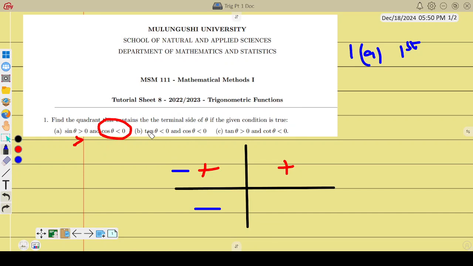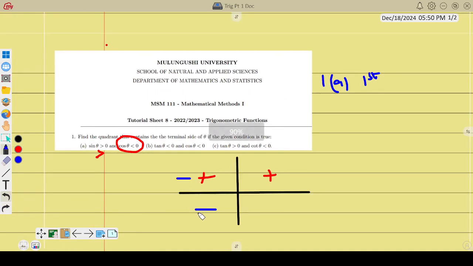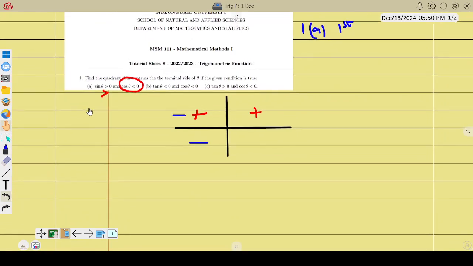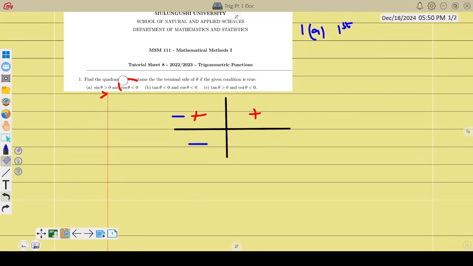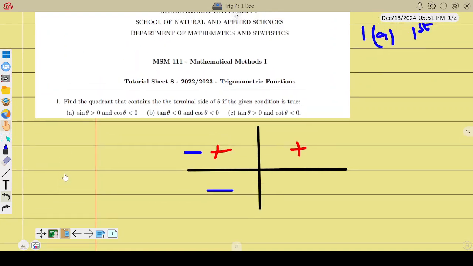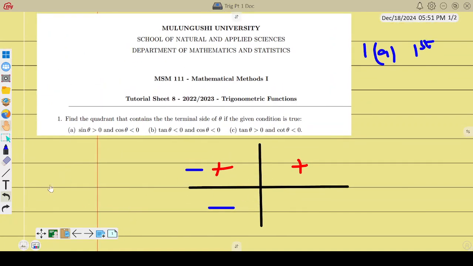Tan theta is less than 0 and cos is less than 0. How do we tackle that? We want to identify where tan theta is negative, less than 0 meaning negative. I think we'll use the same approach, I don't know what to call this.